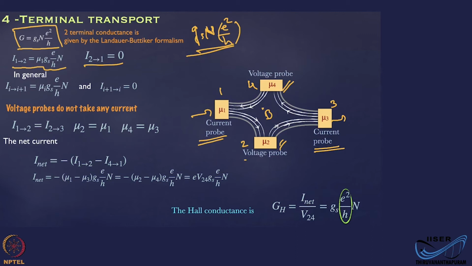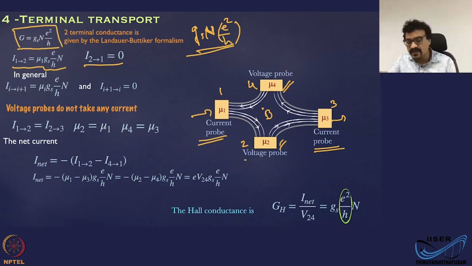Whatever electrons are reaching 1 are always from 4. These electrons go only here, then come back along this track to the other edge, go through this edge, go forward here, and come back here. That means 1 to 2 is given by this Landauer formula, but 2 to 1 is 0.